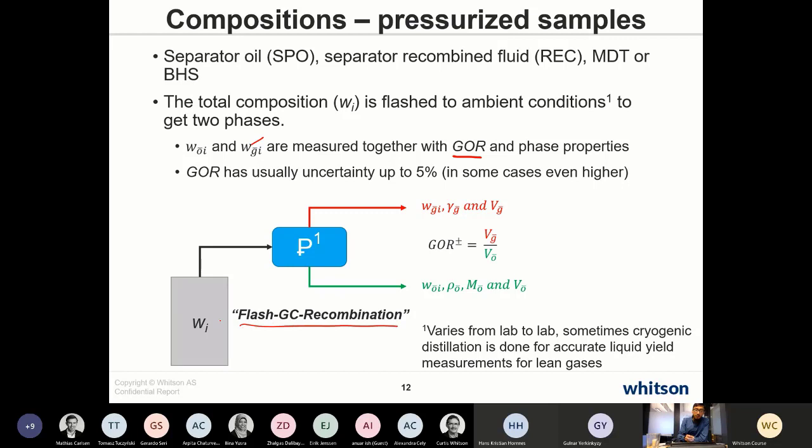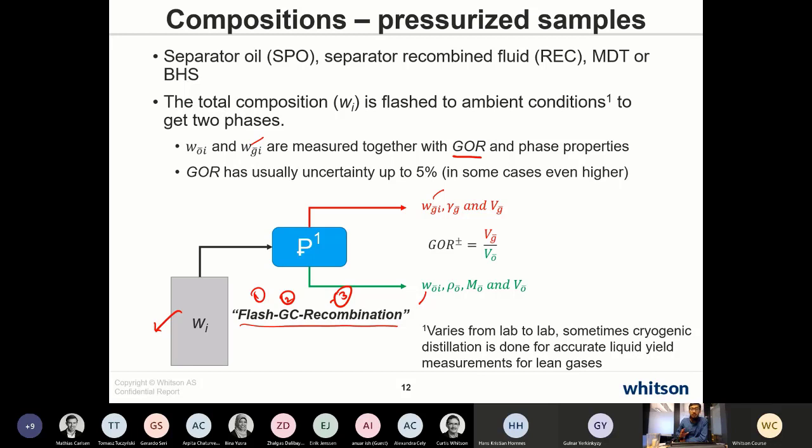You first flash the total sample and get the two products, then do the GC analysis of each individual phase, the gas and the oil. Third, you do the mathematical recombination of the flash gas and the flash oil using the measured GOR to get the total composition that you have here in the PVT set.